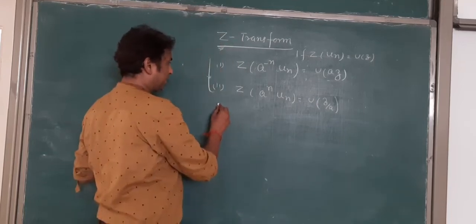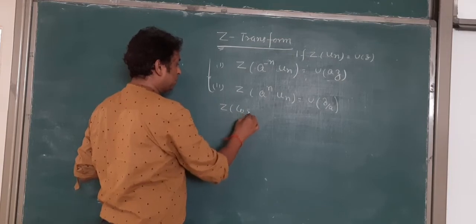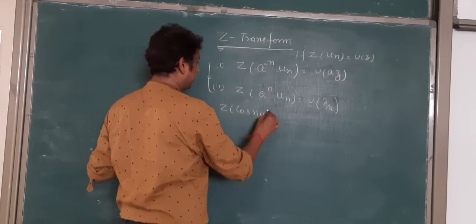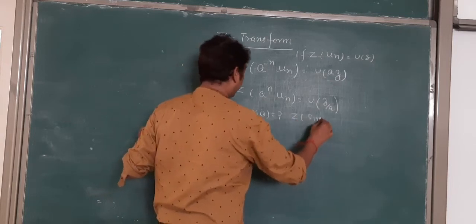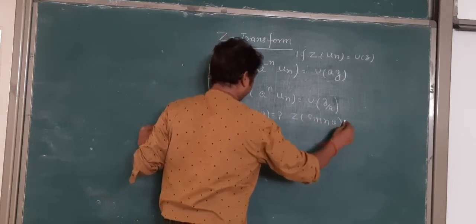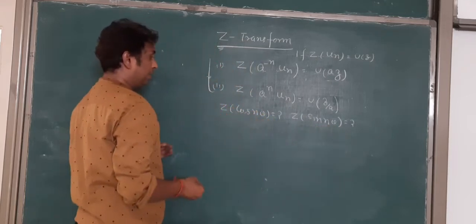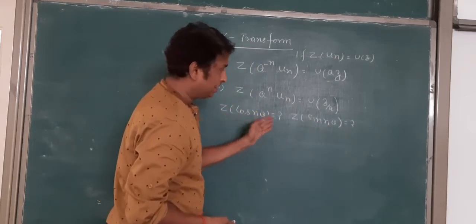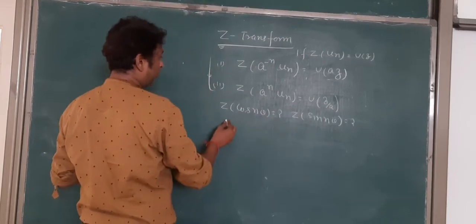First I will explain how we find the Z transform of cos n theta and sin n theta. This is also very important because we are going to calculate sine series and cosine series Z transforms. So how do we do it?